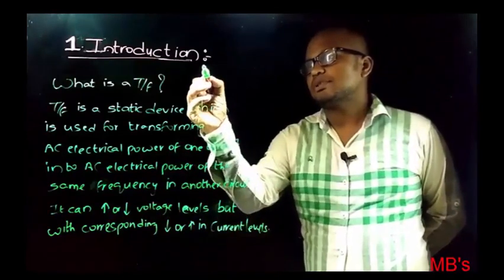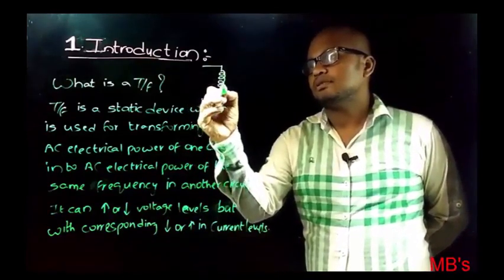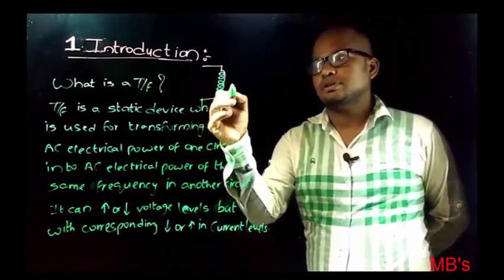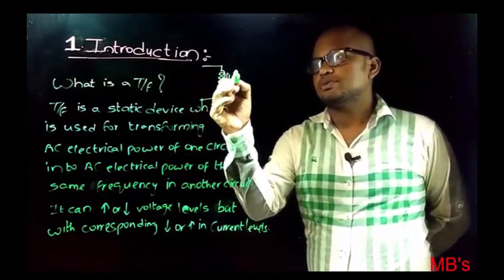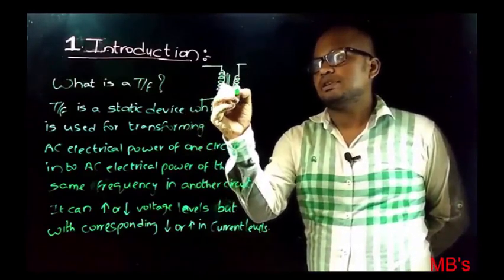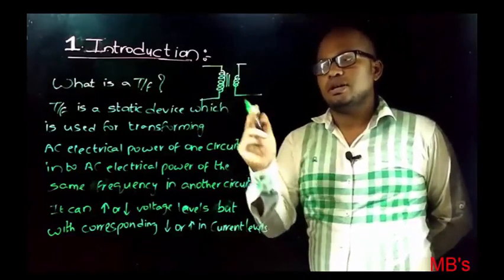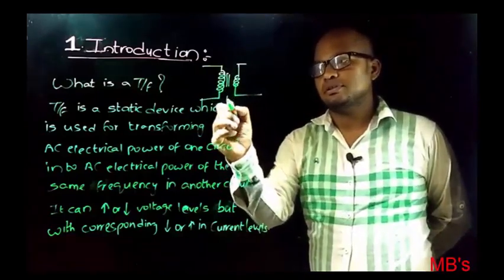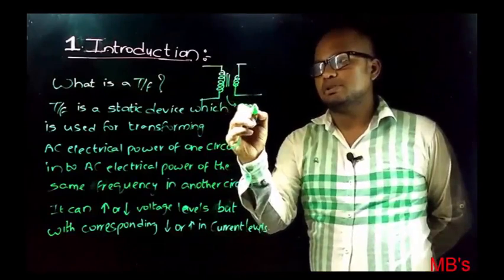If suppose this is the one circuit and let us suppose this is the another circuit, and these circuits are magnetically coupled.